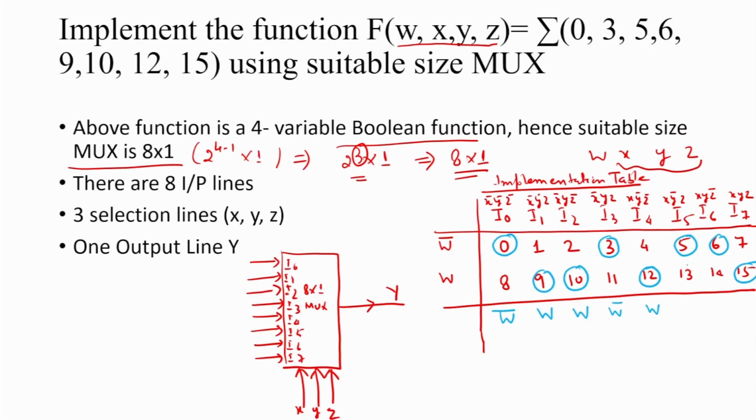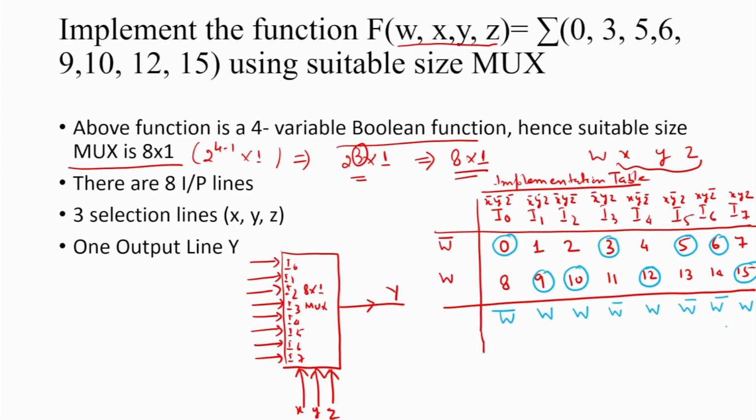Corresponding to I5, only the upper is circled, this means W complement goes through this input. When we see the column corresponding to I6, 6 is circled, this means again W complement, and for I7, 15, the lower minterm is circled, this means W goes from this.